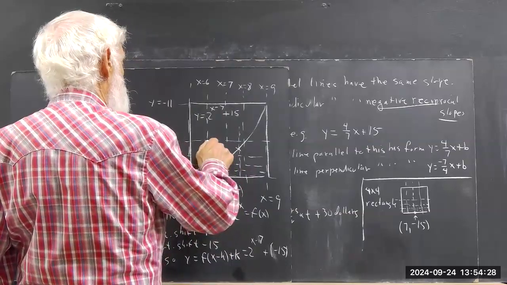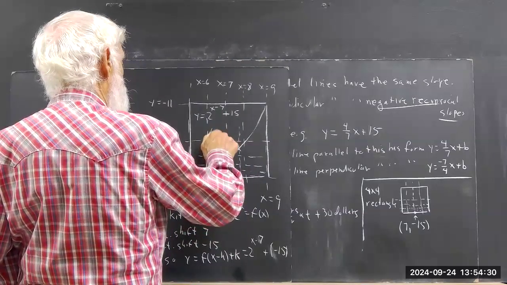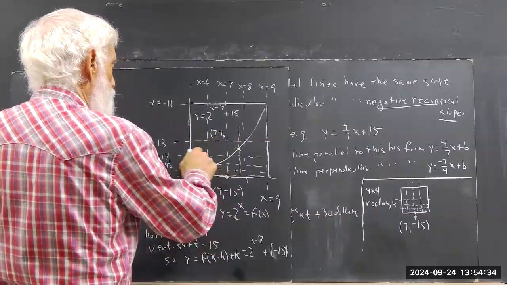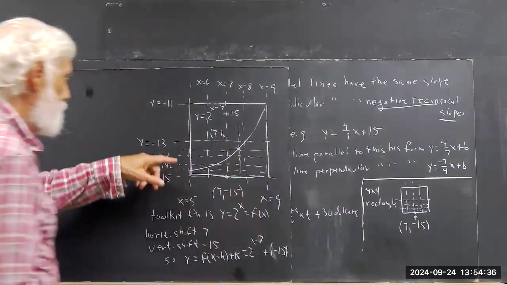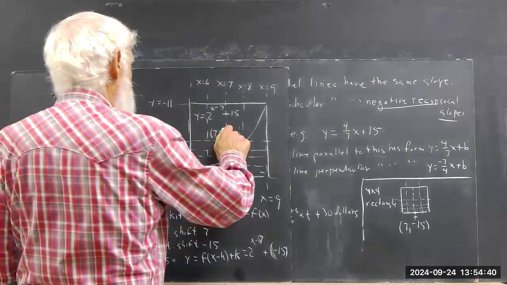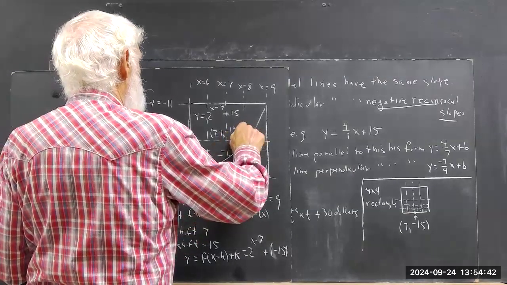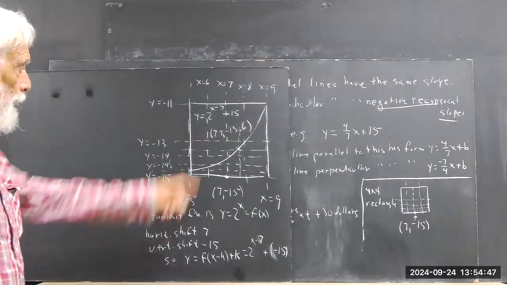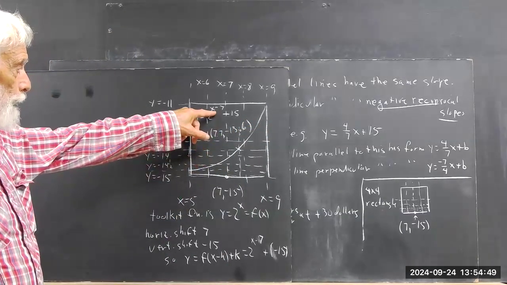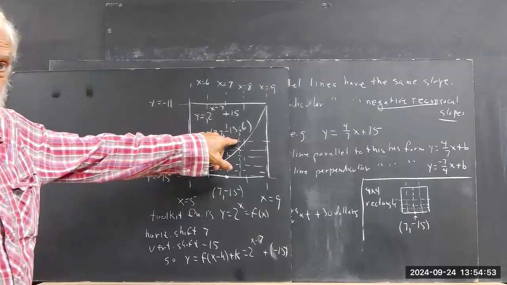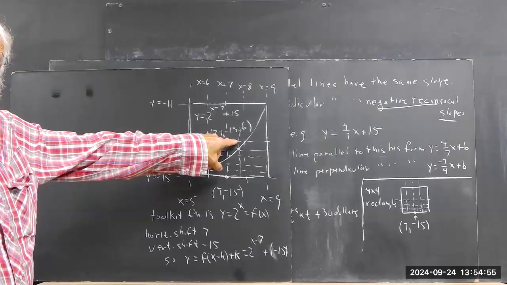So I'm going to estimate that this point is 7.7, and the y coordinate is between -14 and -13, closer to -14, say -13.6. Now you take your calculator and you plug in 7.7 for x, and you see if y is equal to -13.6.